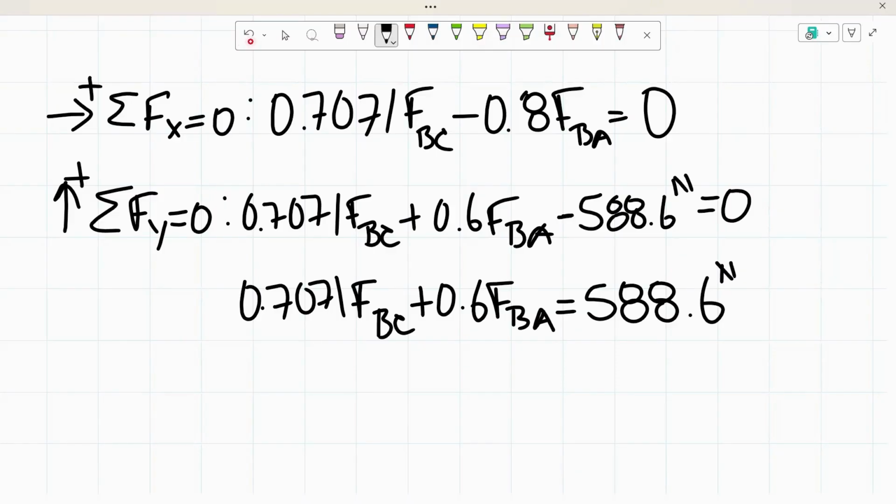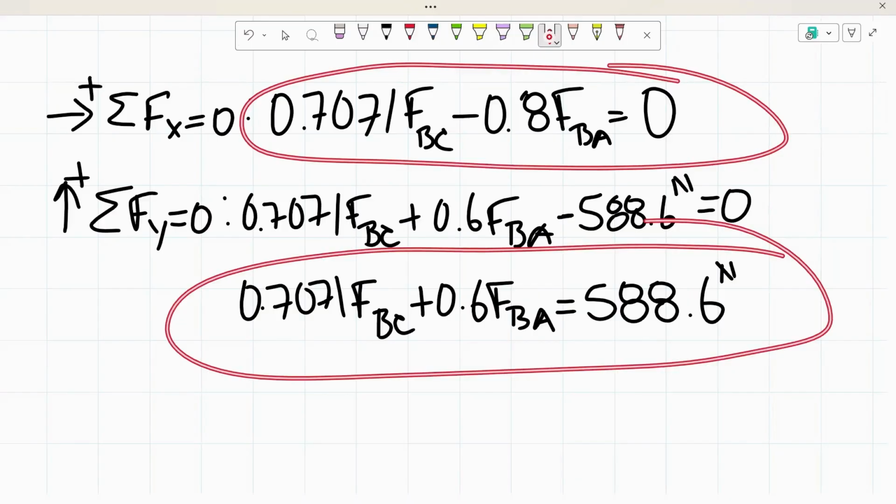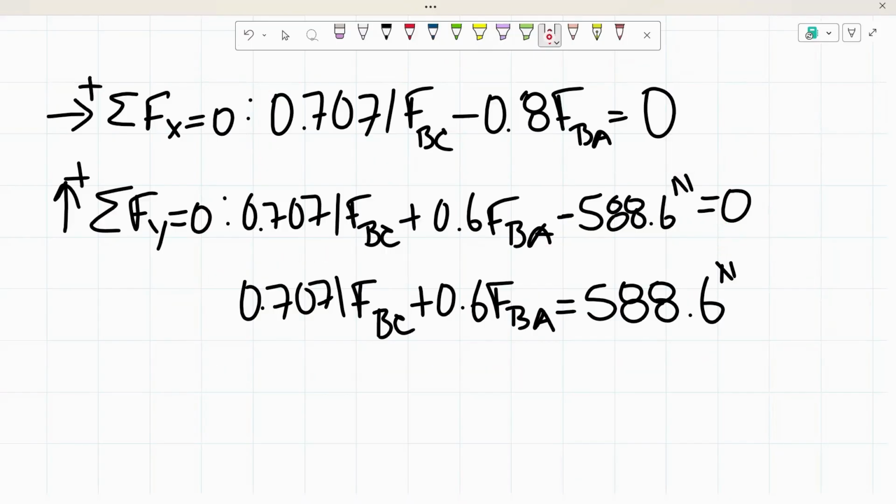From here, what I'm going to do is I simply like plugging in both of these equations into my calculator. The type of calculator that I like using is the TI 36X Pro. And on your calculator, if you have that, what you're going to do is you're going to click on the systems solving button.